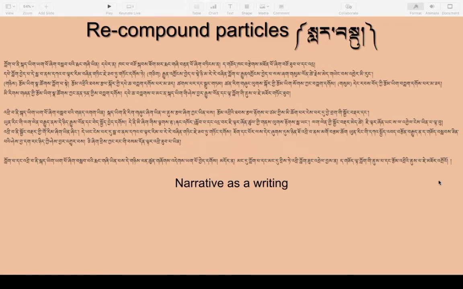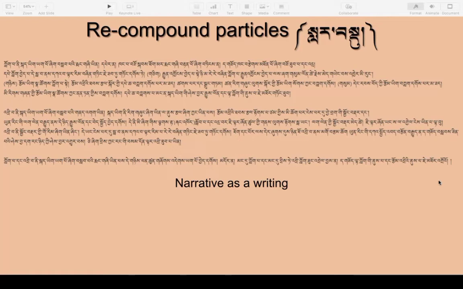Whatever is going to be stated after this will have either very little relevance or no relevance to the things stated in the earlier narrative. So this is what the lerdu is. Lerdu or recompound particles are the particles that just tell us here it concludes.